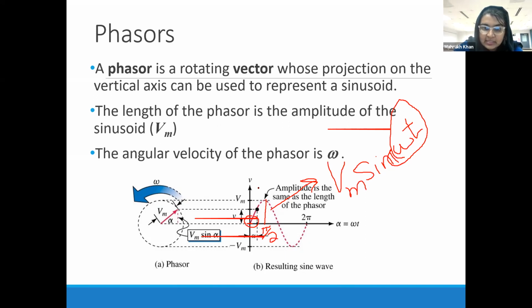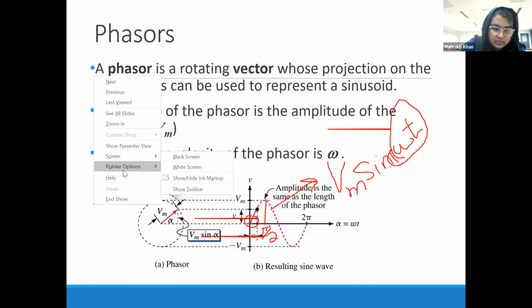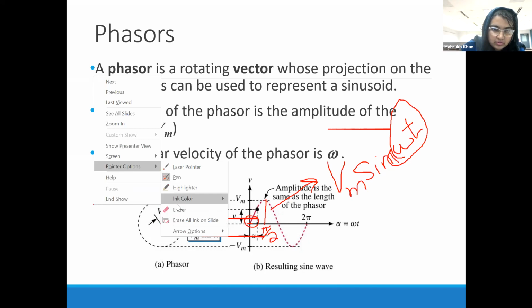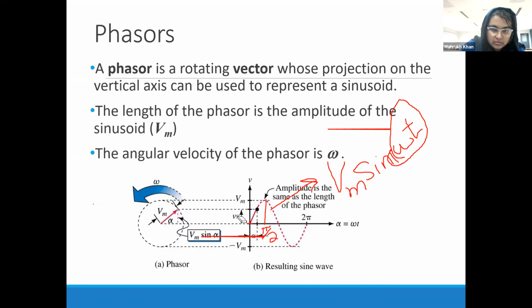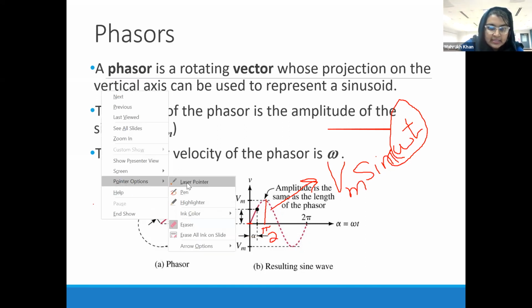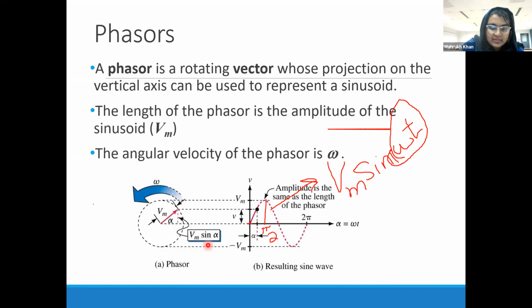So this waveform pretty much represents Vm sine omega t. That's what it says here, that it represents Vm sine alpha, where alpha is omega t.